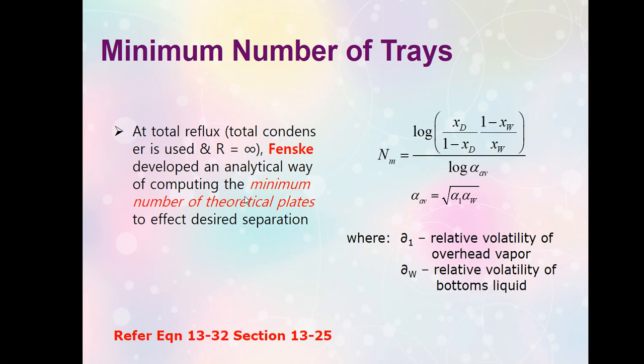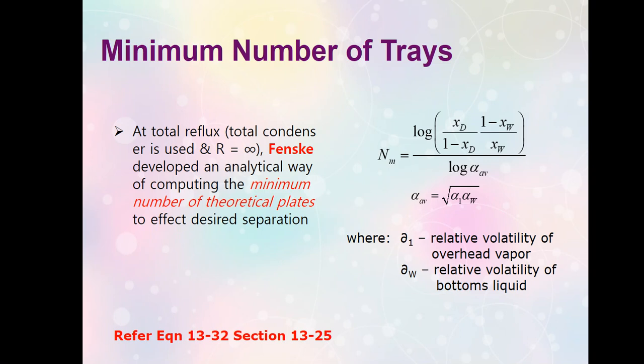Now, as for the minimum number of trays, there's this equation by Fenske that uses the relative volatilities of the overhead vapor and the bottoms liquid. And what we do, we take the geometric mean of these relative volatilities. How do you determine the relative volatilities? You go back to the definition of relative volatility: the ratio of the pure vapor pressure of the component to the other component that we are not concerned of.